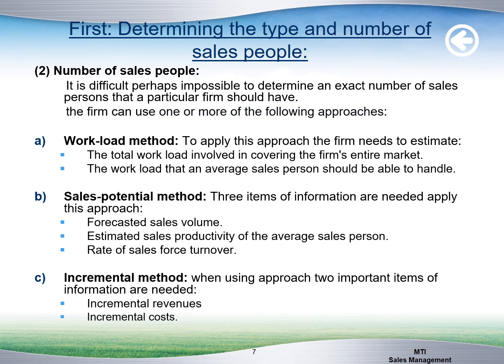The second method is the potential method. I have to determine the forecasted total sales volume, estimate the sales productivity of the average salesperson, and determine the rate of sales force turnover.